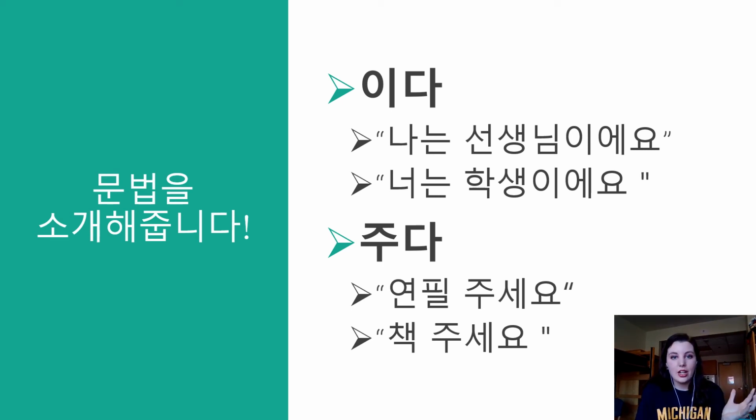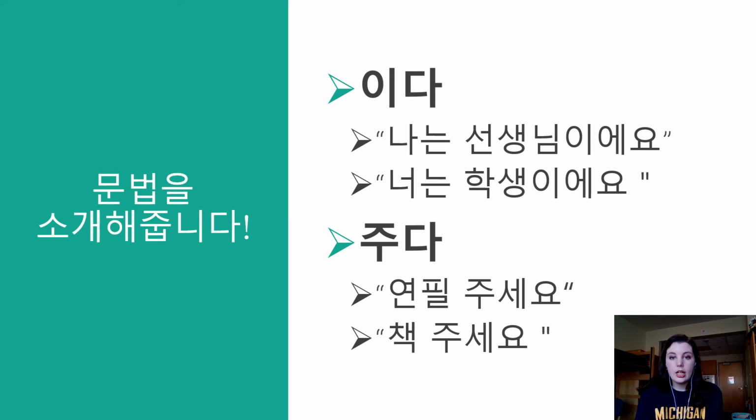And again, like I talked about earlier, 주세요 can also be used to just mean, please do a favor for me. So you can say, like, 소개하다. On the left side of the screen, I talked about it earlier. 소개하다 means to introduce.